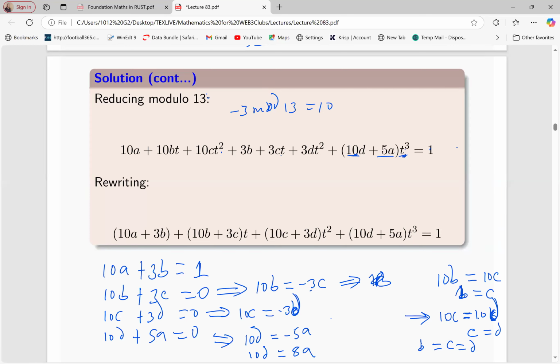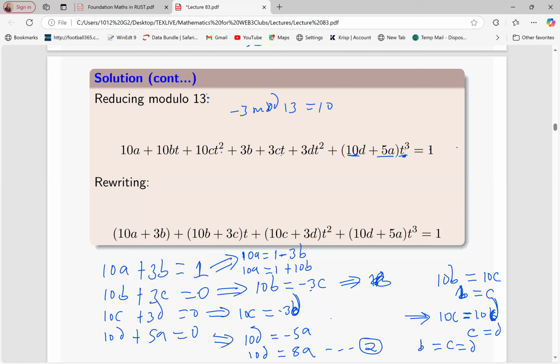I want to deal with a first of all. So I can call this equation 2, and let me look at this. This is the same as 10a is 1 minus 3b, or 10a is 1 plus 10b, because negative 3 is the same as 10.